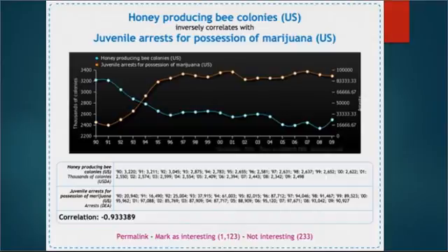So I really doubt that there's anything that causes there to be a correlation between honey production with bees and juvenile arrest for pot. But if we look hard enough, we sometimes see patterns where there's no real correlation. And so again, ecologic studies have this potential for significant bias that we really have to be aware of.